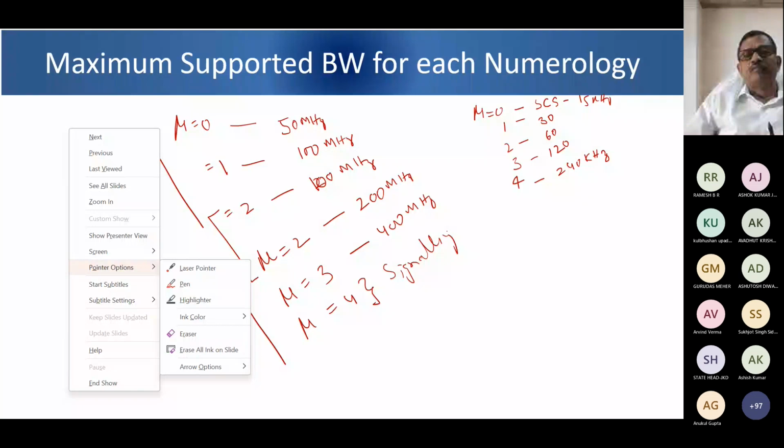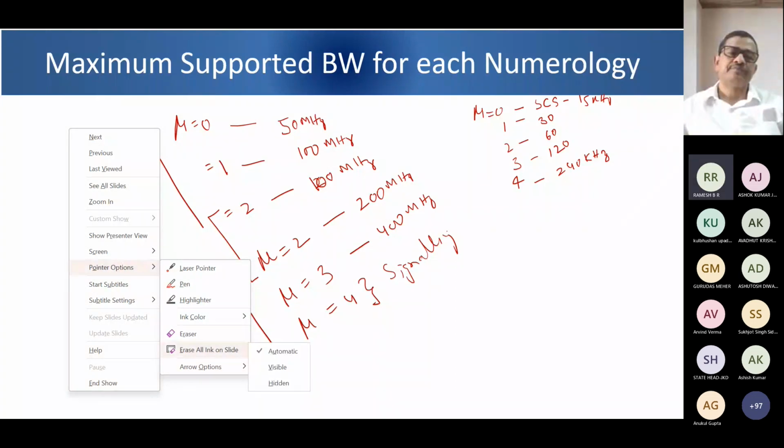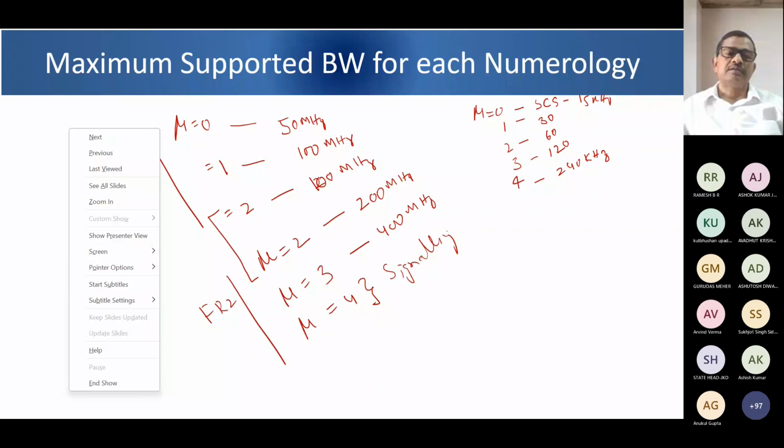Dynamically these bands are different. If you go higher in numerology, your subcarrier bandwidth increases, and because of that your guard band requirement is also increasing. And that is defined in the specification itself. Okay, right, sir. Thank you, sir.